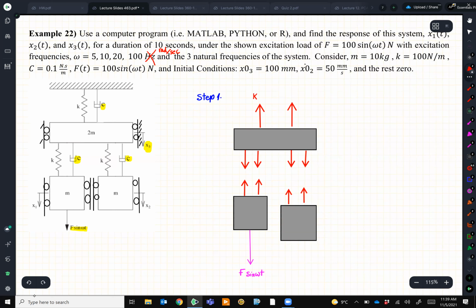So I have here kx3, cx dot 3, right? And for this one, I have k(x1 minus x3), c(x dot 1 minus x dot 3), and this guy over here is going to be k(x2 minus x3) and c(x dot 2 minus x dot 3). Okay.